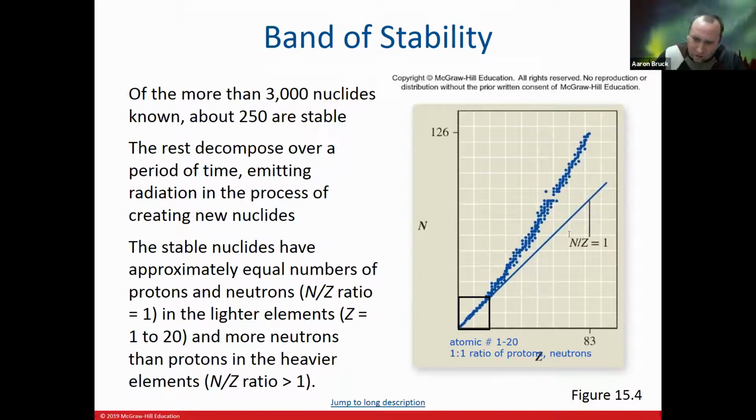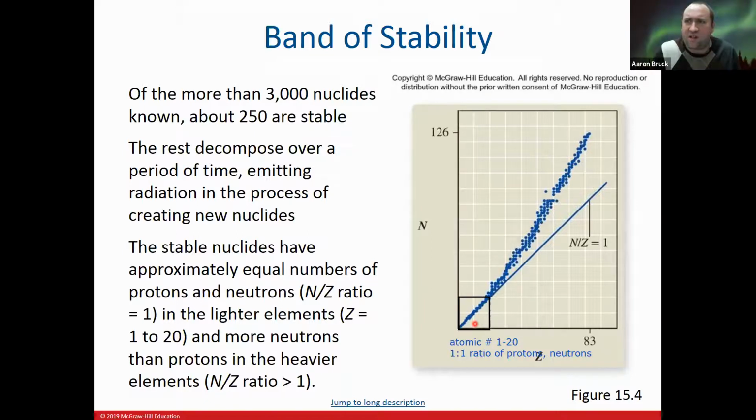And so this blue line here represents that 1-to-1 ratio, going all the way up to element number 92 here, which would be the atomic number of uranium. But here we can see a 1-to-1 ratio of protons and neutrons. And so for our smaller atomic weight substances, that tends to be what we see.